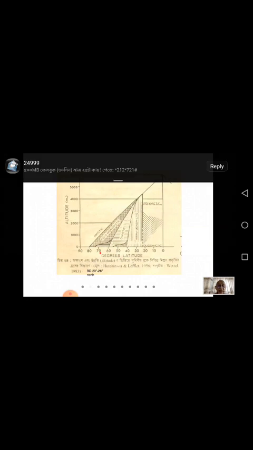You see that's a plotting, and this is the degrees of latitudes, and this is the altitudes, and all the aquatic ecosystems having different mixing condition are shown here, and you see that all these amictic, that means there is no mixing condition, all these are situated in higher altitude.